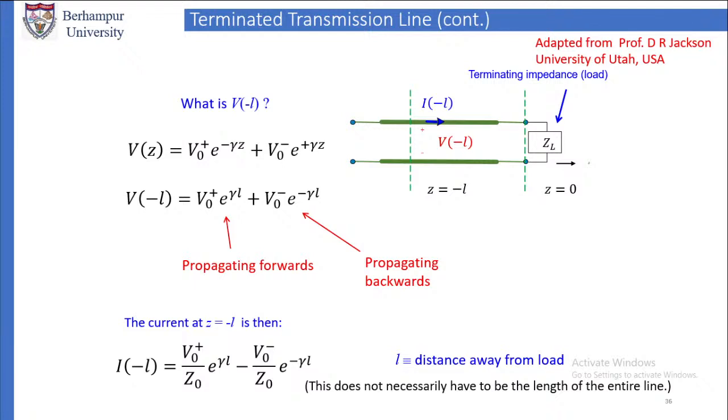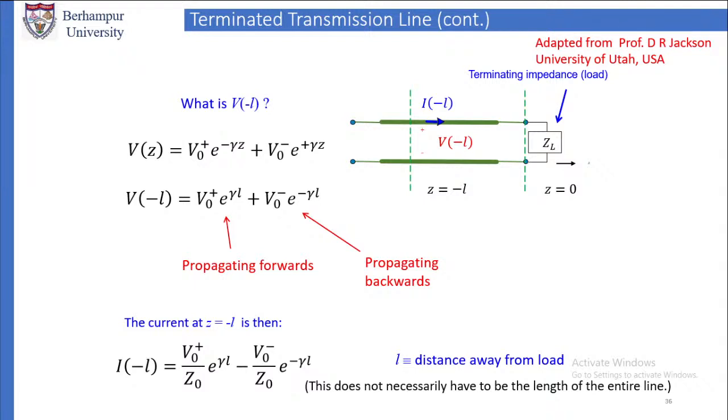Now V(z) is equal to V0 plus exponential minus gamma z plus V0 minus exponential plus gamma z. If I put z equal to minus L, then V(minus L), the voltage at that point, is equal to V0 plus exponential minus gamma into minus L, which is plus gamma L, so V0 plus exponential gamma L plus V0 minus exponential minus gamma L.